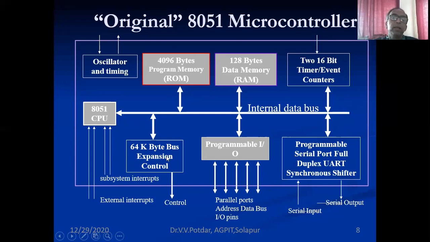Then this is a control bus you have, and then programmable input-output ports will be there. Programmable serial port, full duplex UART, synchronous shifter. So serial input can be given, serial output can be taken. Parallel ports, address data bus input output pins are provided here, and then control can be executed through this port. This is in general the layout of this original 8051 microcontroller.